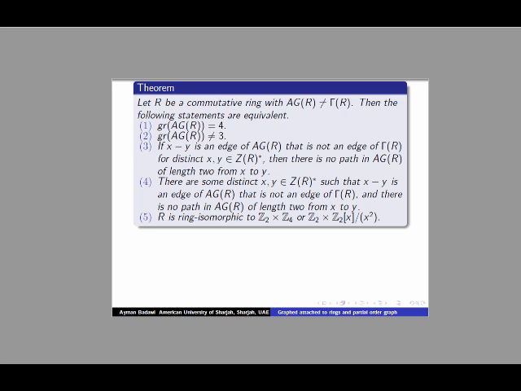And number 5, I know how the ring looks like. R is isomorphic to this ring or this ring. Okay, sir. That's a very nice characterization.